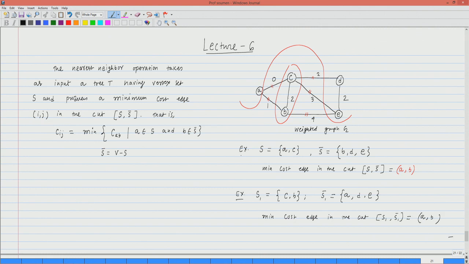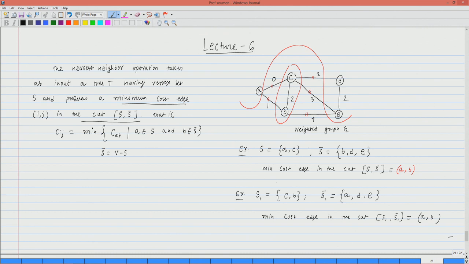Well, so now we know what we mean by the minimum cost edge in the cut S, S complement.